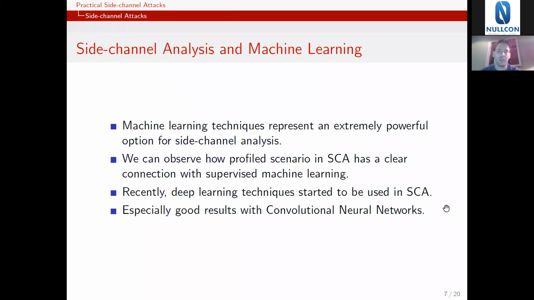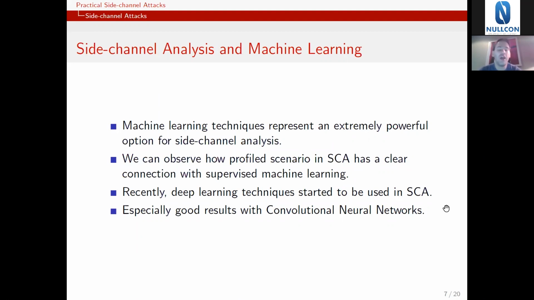Side channel analysis is quite a wide domain, and there are a number of techniques for mounting an attack. If we talk about profiled attacks, there are a number of techniques. If we talk about non-profiled attacks, there are a number of techniques. So in a way, we have a large arsenal for successfully mounting an attack.